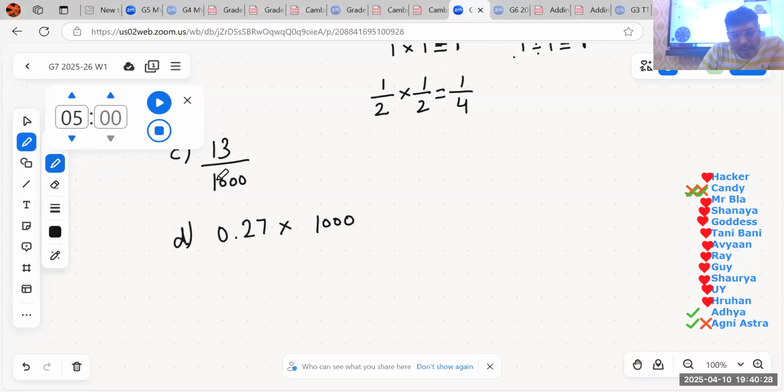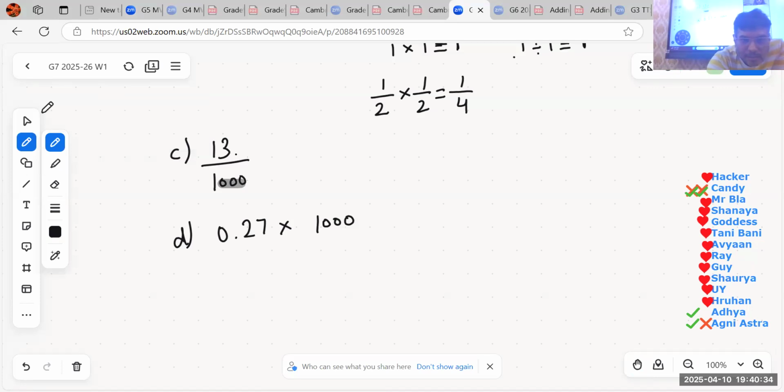So 1000 has 3 zeros. So I will shift the decimal how many places to the left? Decimal is supposed to be here. So 1 to the left, 2 to the left, and 3 to the left. So it is going to come here. So it will be 0.013. Now your teacher might want you to write 0.01.